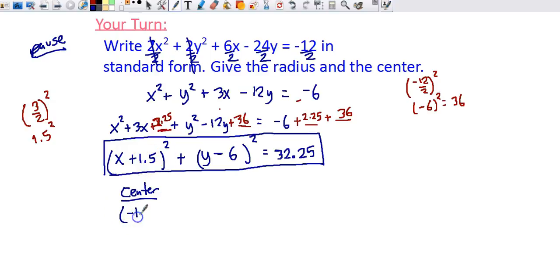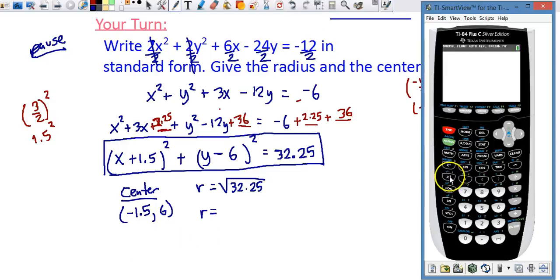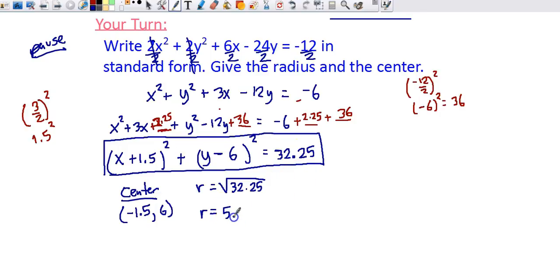So your h is negative 1.5, your k is positive 6, your radius is the square root of that number, 32.25. You might think, oh, that doesn't have a square root, but 5.678, we'll just say about 5.7, approximately. That's what those little squigglies mean.